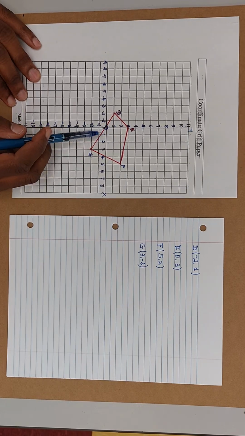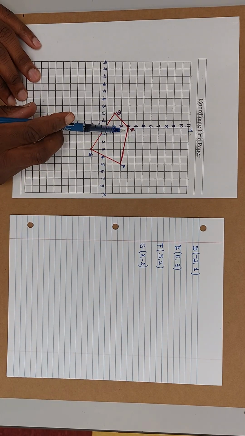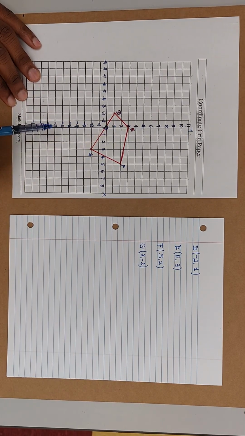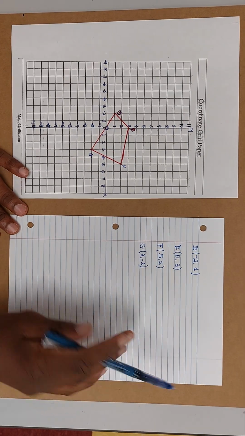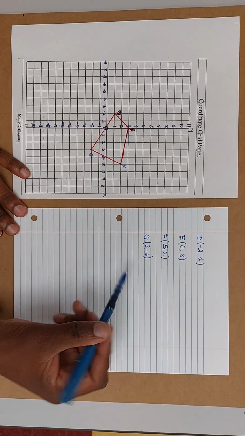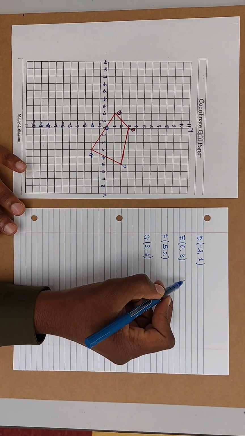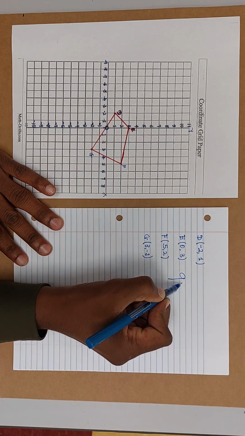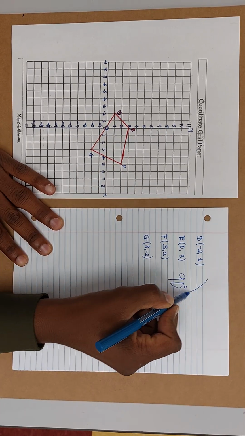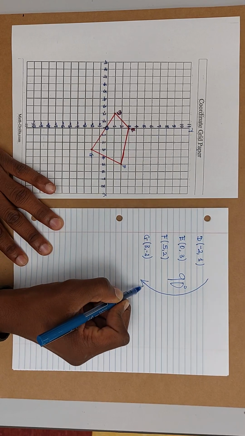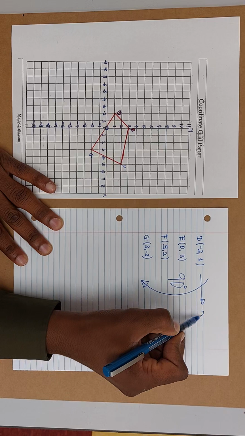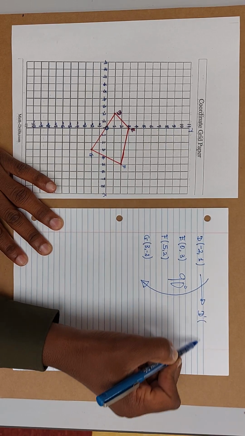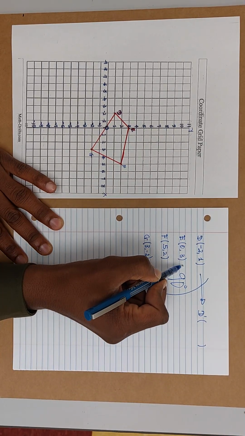we have a quadrilateral here with vertices D, E, F, and G, and we want to rotate this quadrilateral 90 degrees clockwise. Okay, so these are the coordinates of that quadrilateral written out here. After a 90 degrees clockwise rotation, what does D prime become?